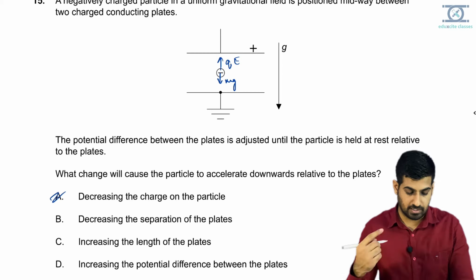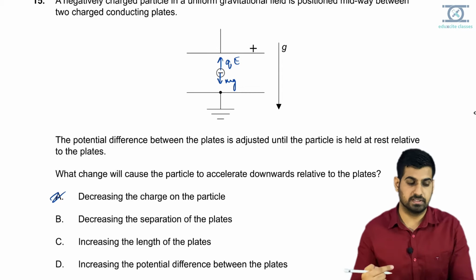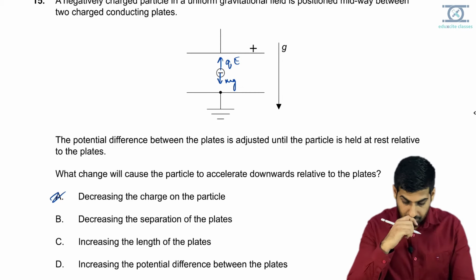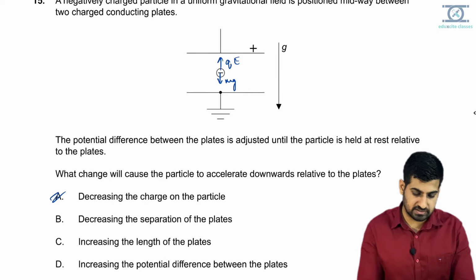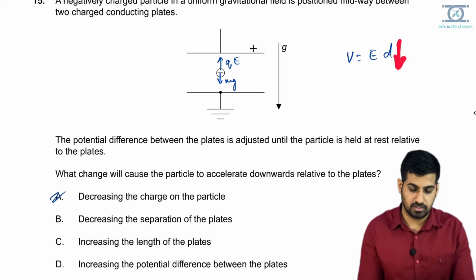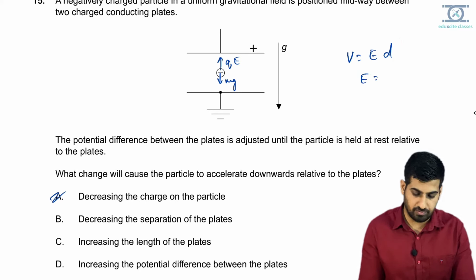Now let us check the others as well. Decreasing the separation of the plates. We know the formula V equals E d, so E will be V by d.